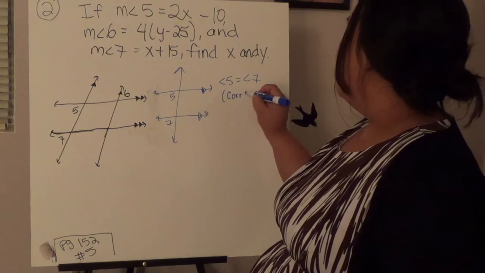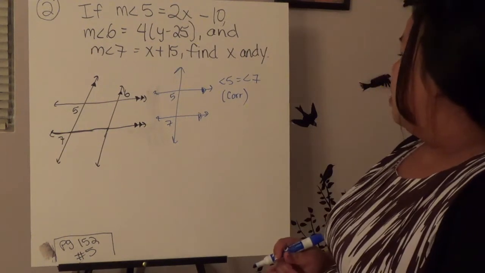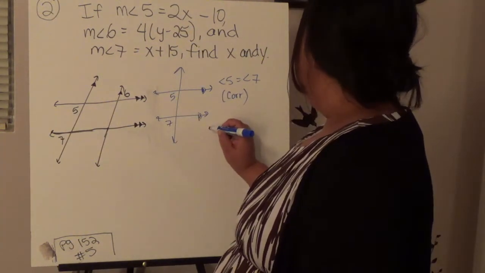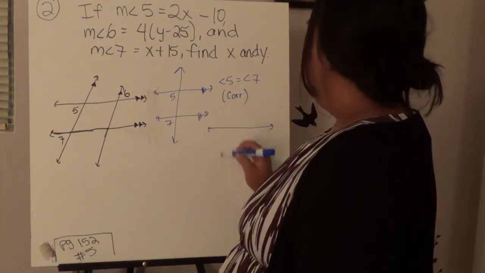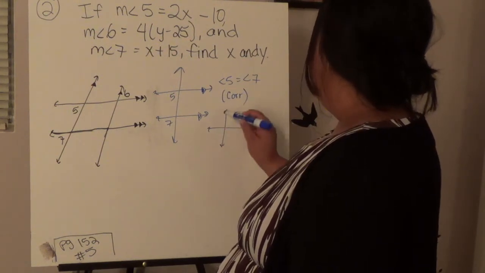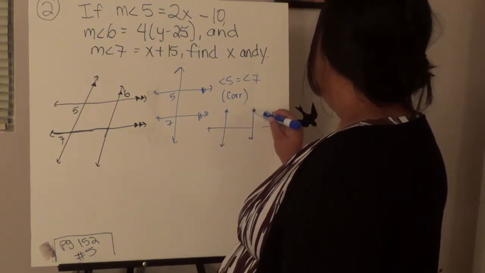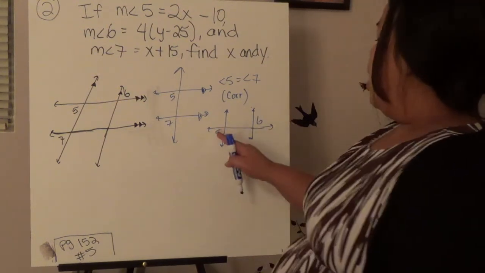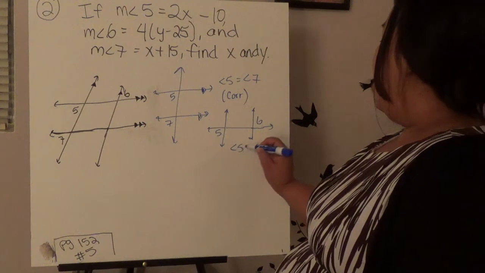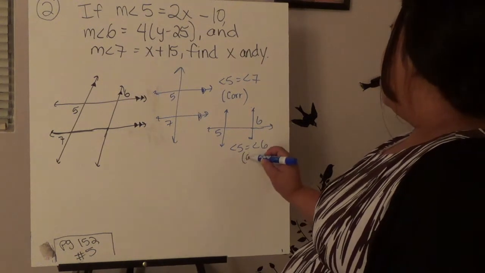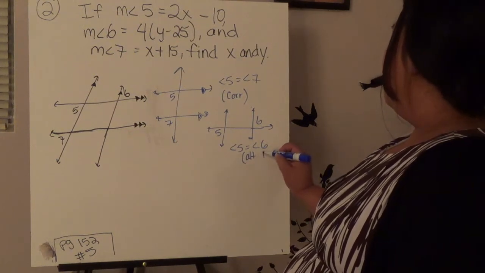Corresponding. Now, let's isolate this way. Let's call this the transversal, and then it's cutting these two. And this is angle 5 and angle 6. Well, I know here that angle 5 equals angle 6 because this is alternating interior.